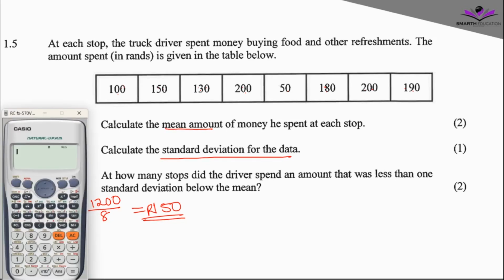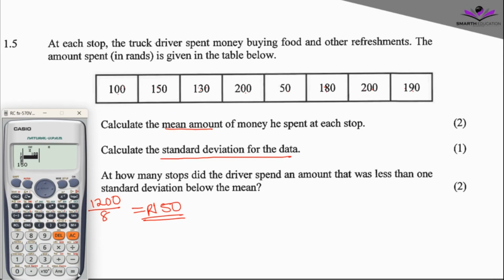Let's do that. All right, so what we do, we go to mode and then stats, look for stats there. In this calculator it is 3. And then you go to 1-VAR. In this case, it's number 1 there. So you enter 1. And then enter your values 100, 150 up to 190. So it's 100, 150.